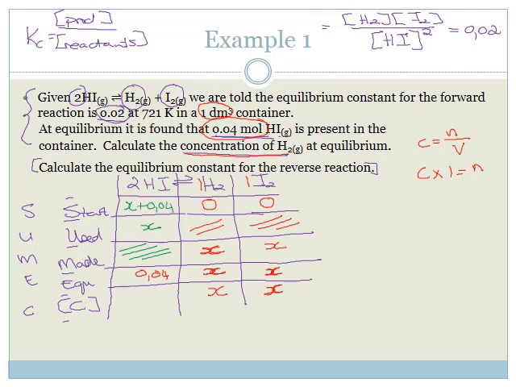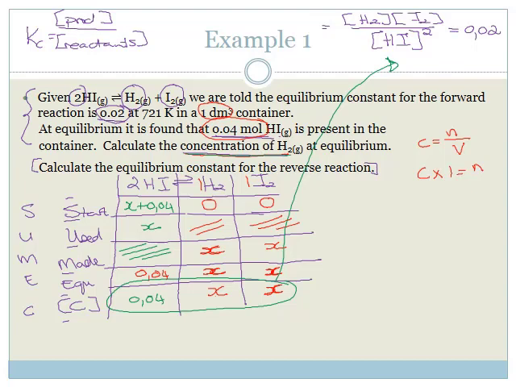And our concentration at equilibrium is going to be 0.04 divided by 1, which is 0.04. So we can use this in the formula to find out what our concentration of hydrogen is at equilibrium.